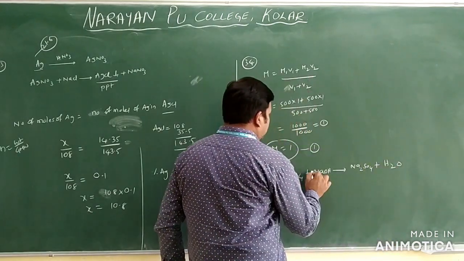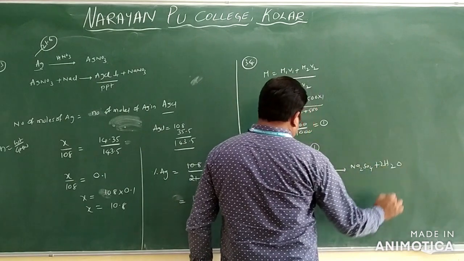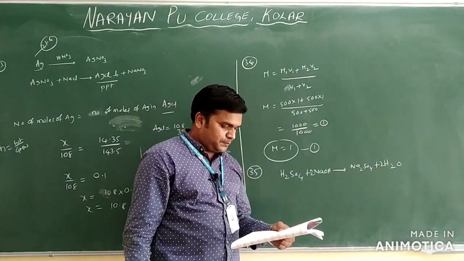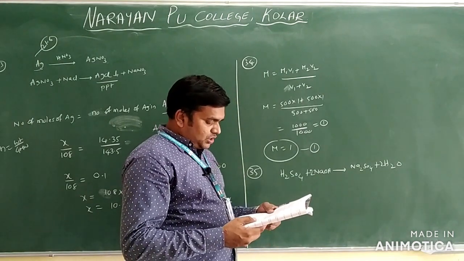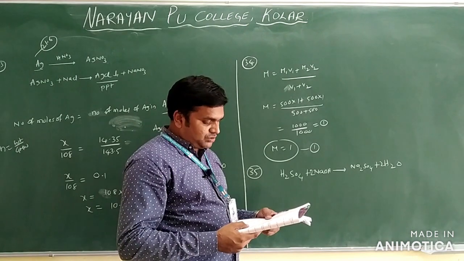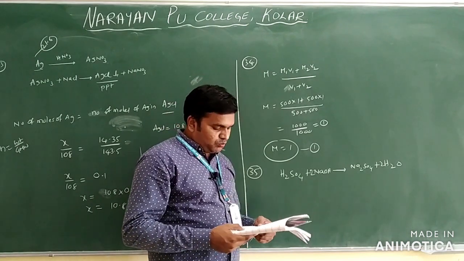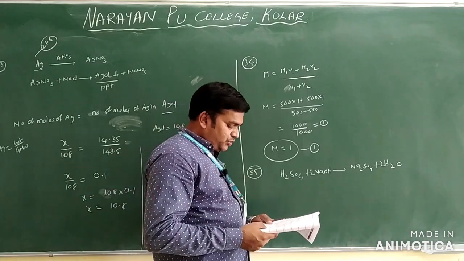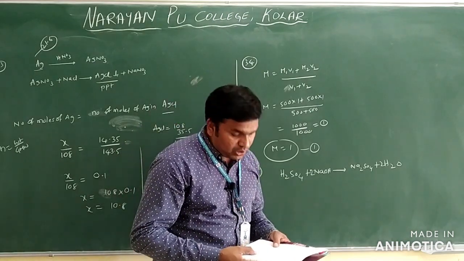Just balance this equation: H2SO4 plus 2NaOH gives rise to Na2SO4 plus 2H2O.